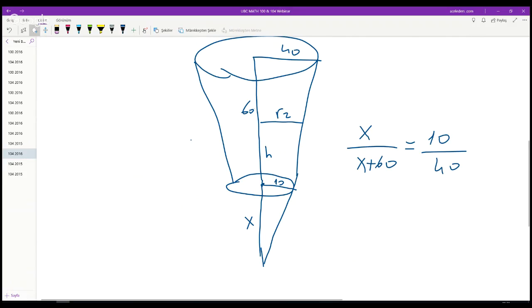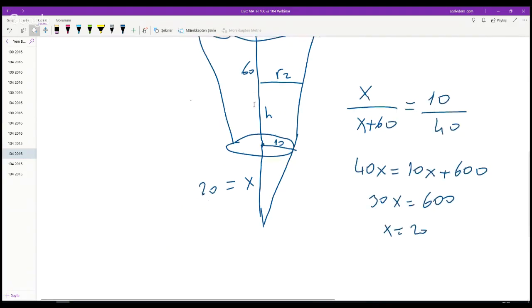It's just to calculate X. So 40x equals 10x plus 600. 30x is 600 and x is 20. This is 20 centimeters. Exactly.